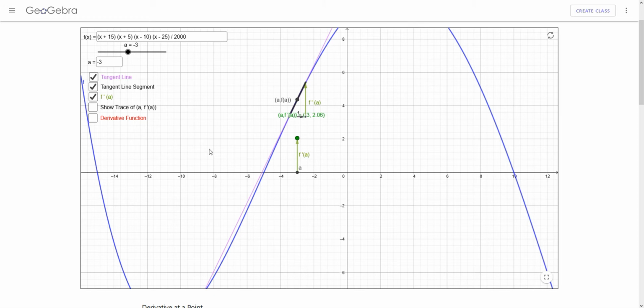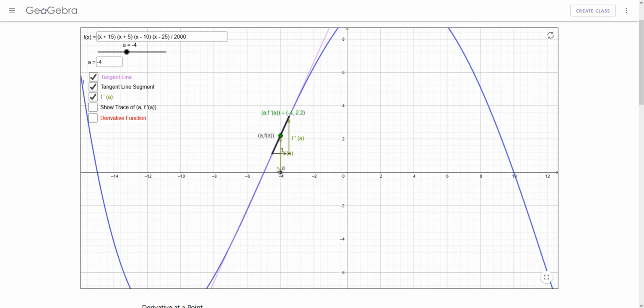Now the point I want to make is, first of all, that the derivative is a number. That number is the slope of that tangent line, but it is a number. But what happens if I move the A to a different place? Let's say I move it to -4.